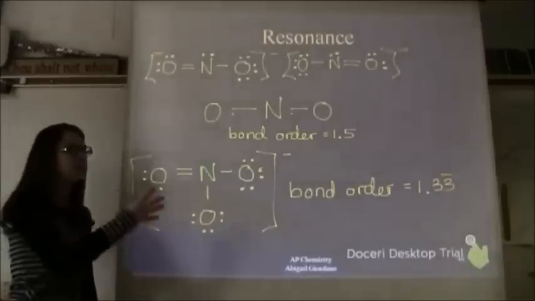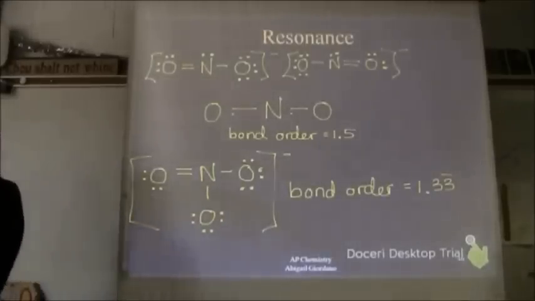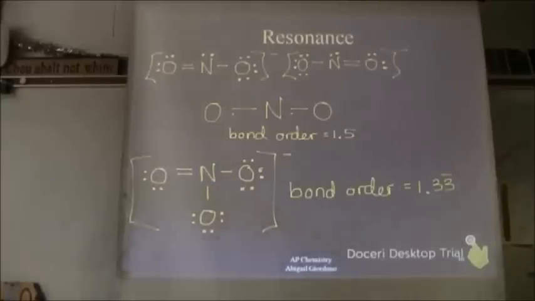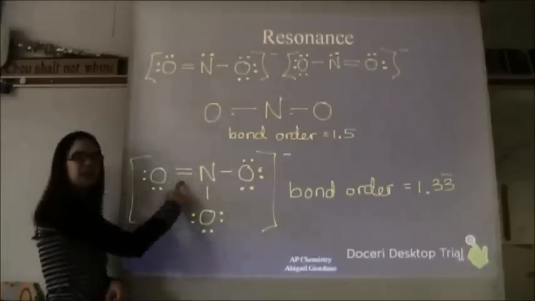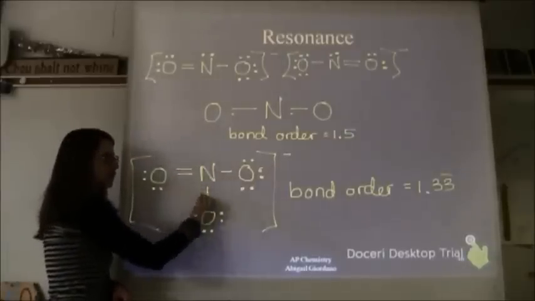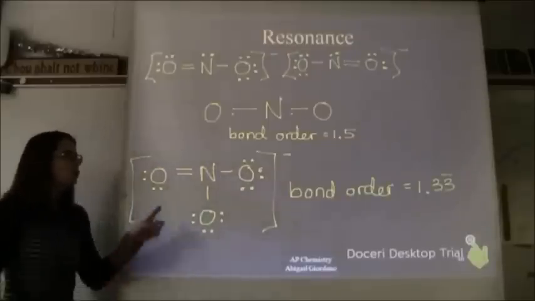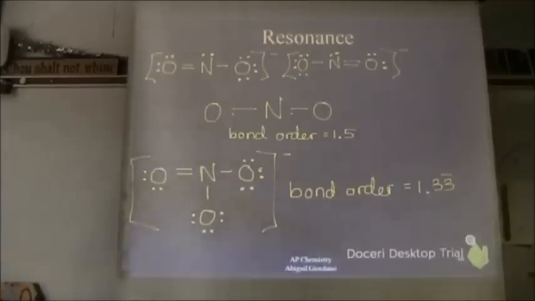Now I'm going to give you a sample question in just a second, but remember that we are still in this time where you have to be able to explain things. Vocabulary is very important. This pair of electrons that moves locations, okay, you can call that a resonating pair of electrons.